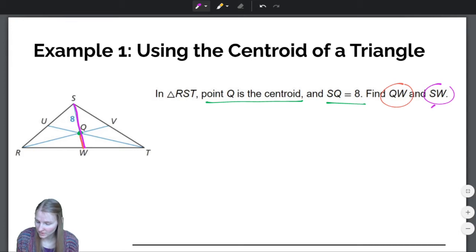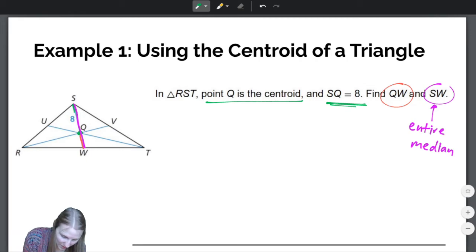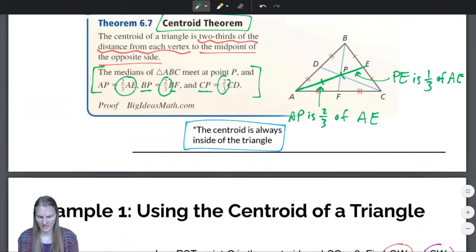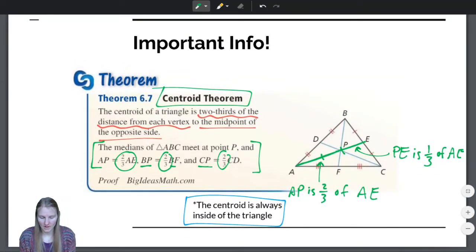Okay, so SW is the entire median. And what was SQ? So SQ is 8. It's from the vertex to the, excuse me, not to the median, from the vertex to the centroid. And wait a minute. Don't we have a theorem that says the distance from the vertex to the centroid is equal to 2/3 of the entire median?